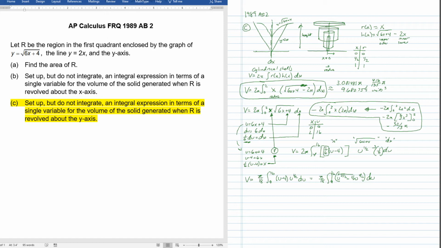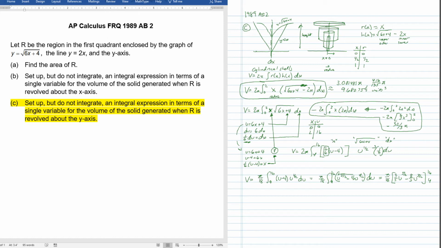So, if I do the antiderivative of this, that is going to be pi over 18 times 2/5 u to the 5/2 minus 8/3 u to the 3/2, going from 4 to 16.